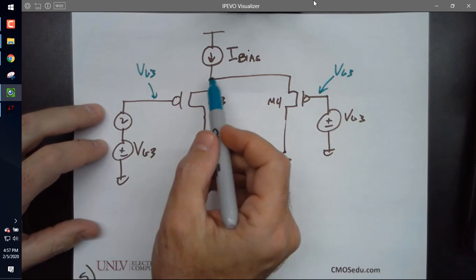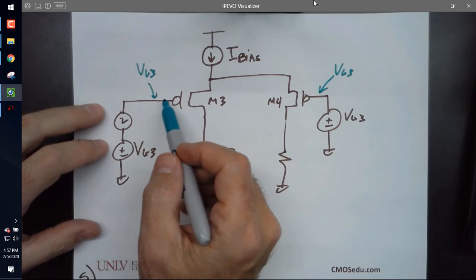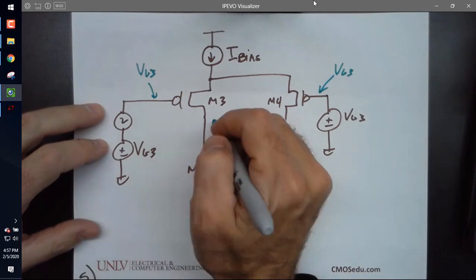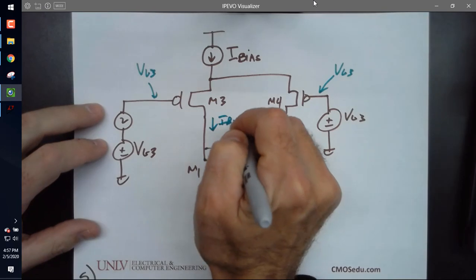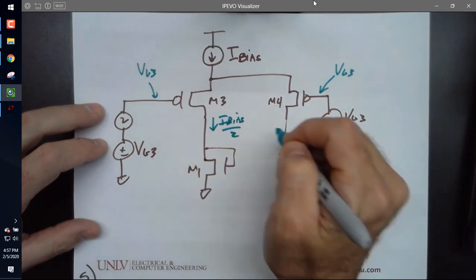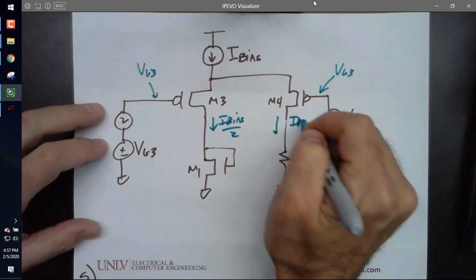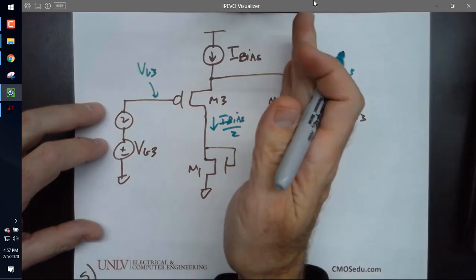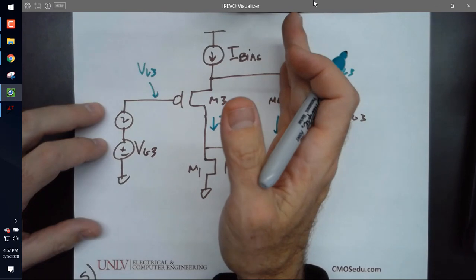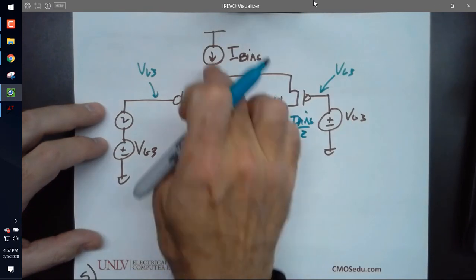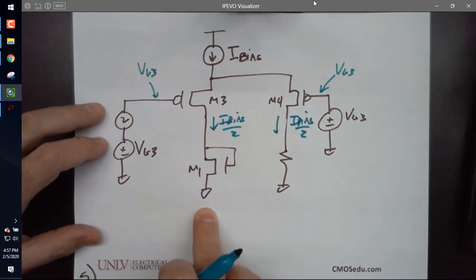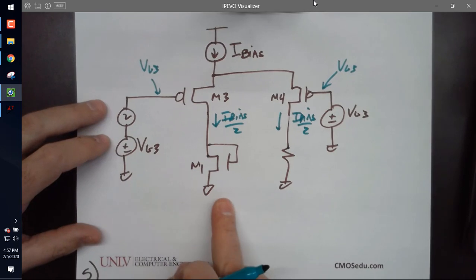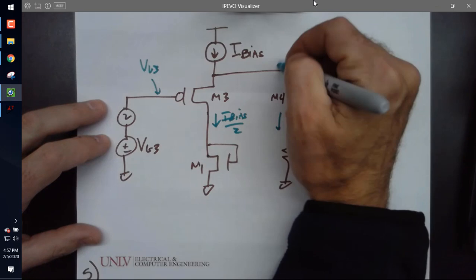You got the same source voltage, same gate voltage, so what can I say? Anybody not follow that? What if one side was off? All that goes, then all of I bias goes through there. Okay? Now, how do I calculate this voltage?